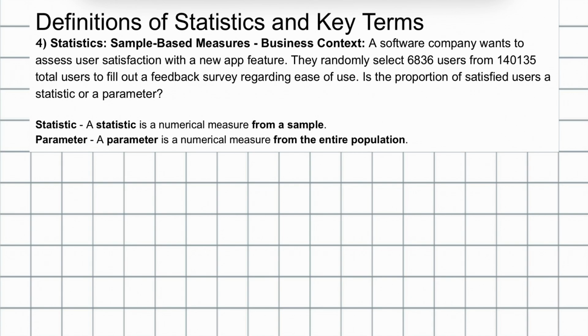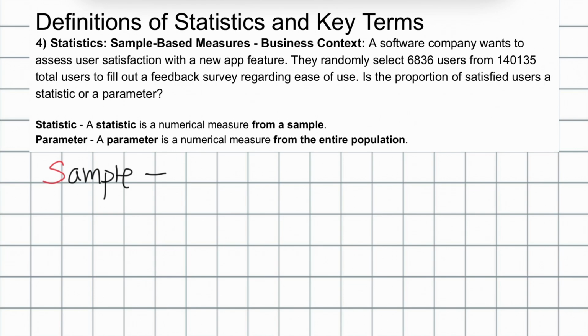As a visual example, let's go letter-wise. A statistic is a numerical measure of a sample.